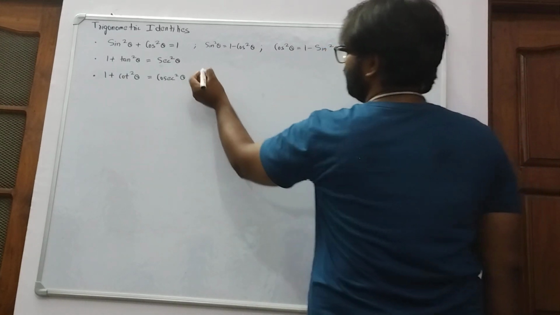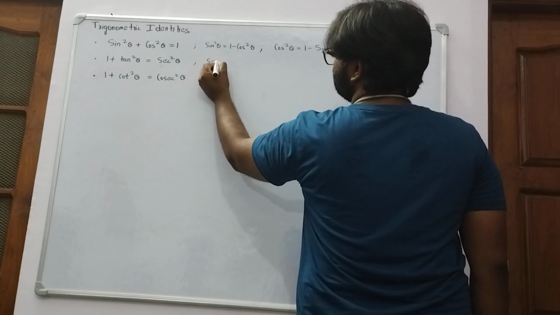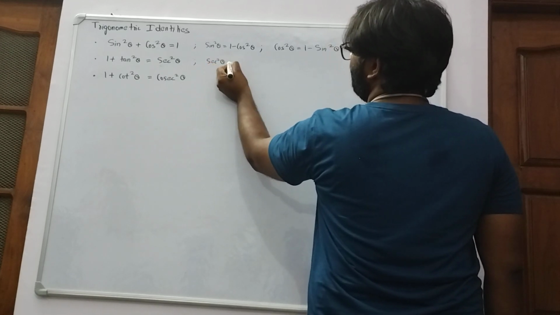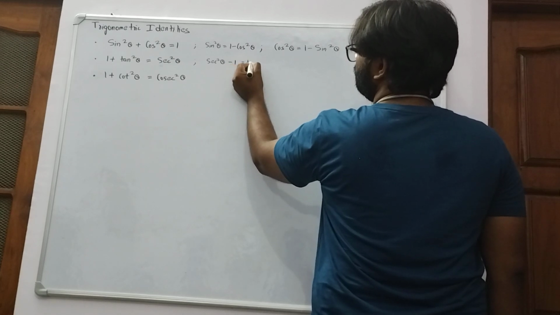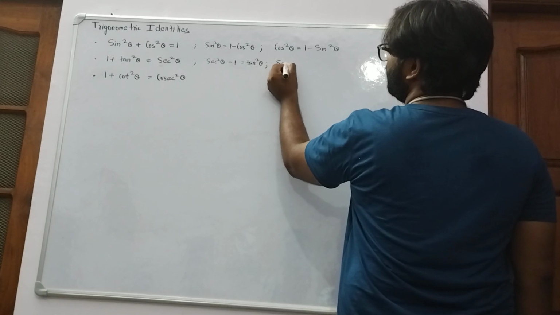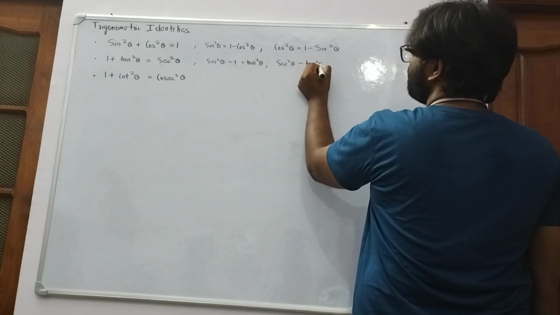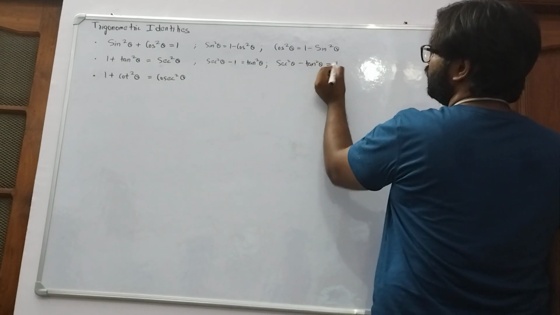Similarly, the second identity can also be written as sec square theta minus 1 is equal to tan square theta, or sec square theta minus tan square theta is equal to 1.